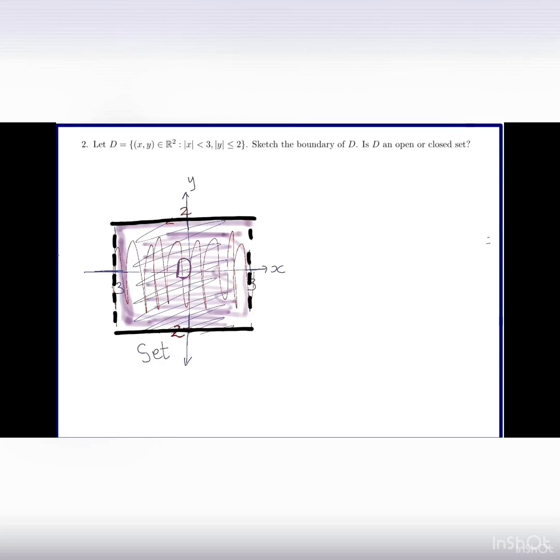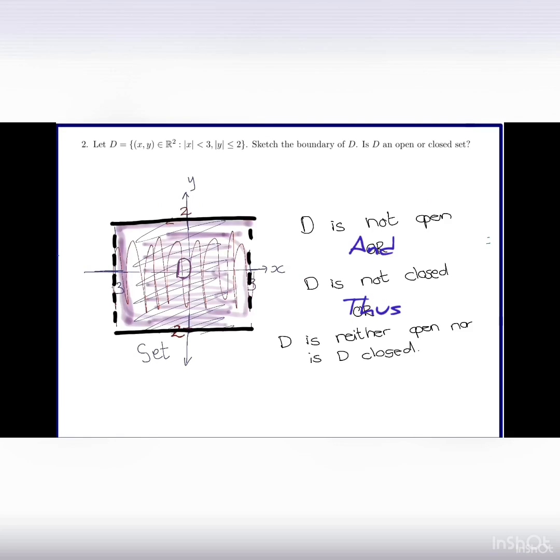It cannot be closed. So it is neither open nor closed, or you can say that it is not open or not closed. So all the possibilities are D is not open, D is not closed, or D is neither open nor is D closed.